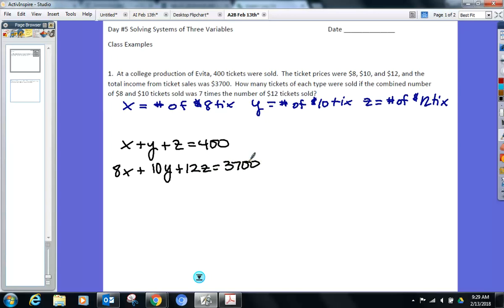The third one's probably going to be the toughest for us now. What's the last piece of information? The combined number of $8 and $10 tickets. How can you write that? What are my $8 and $10 tickets? X and Y, right? Combined, what am I going to do to them then?